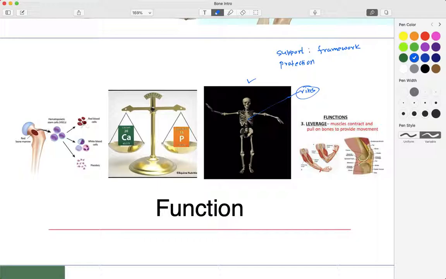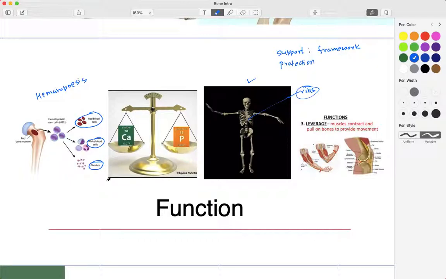Here you can see three different types of blood cells: RBCs, WBCs, and platelets. So that means bone has a role called hematopoiesis. I think this is the right spelling, but we can check it again. Hematopoiesis is basically the production of these RBCs, WBCs, and platelets.